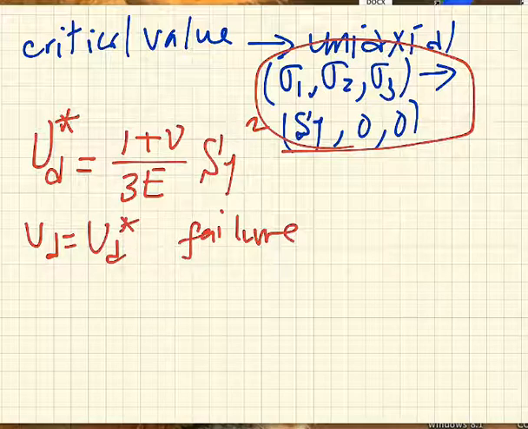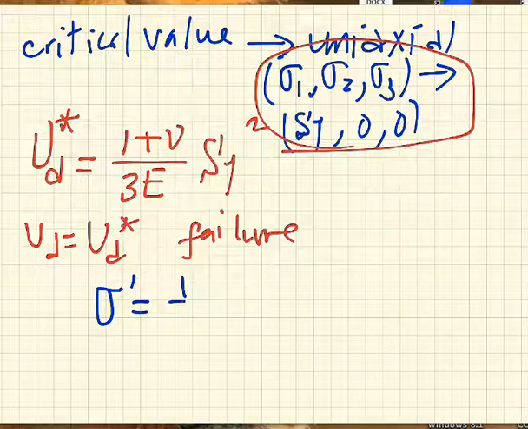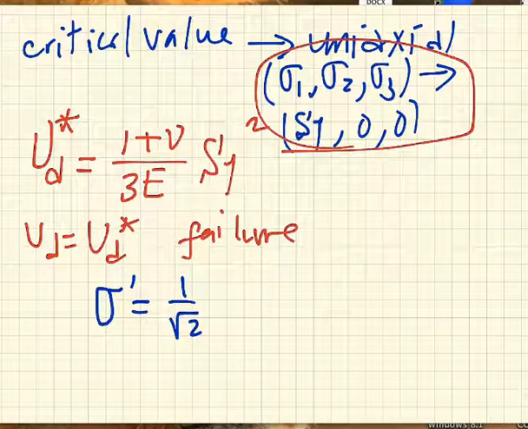And when we plug back in everything, we find that we can define that yield condition in a very simple equation. And this simple equation is going to look like this. Let's define sigma prime as equal to 1 over the square root of 2, or maybe let me call it sigma sub von.